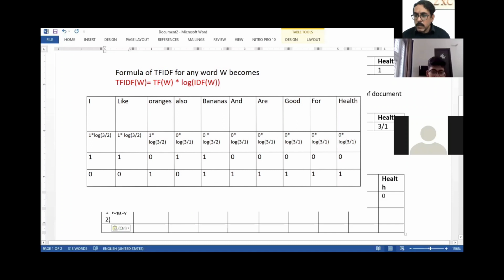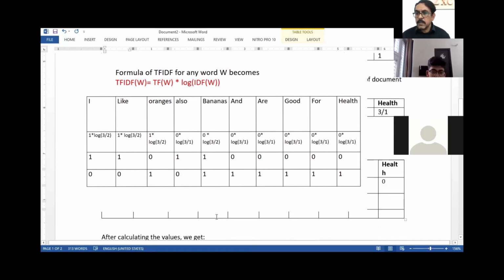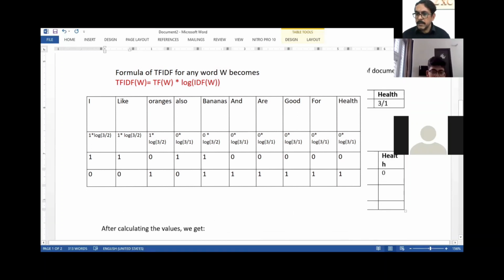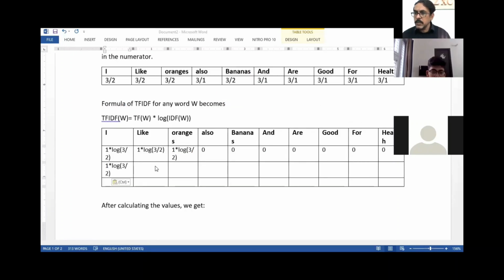Why have I written 0 over here? Because if I multiply 0 into log 3 by 2 or 3 by 1, that will automatically be 0. So that's why I have written only this much part. And if you want to calculate the value of this, you can use the calculator. I am just doing it for you because I want you to solve the question till this and stop.